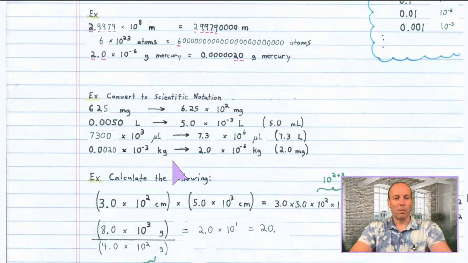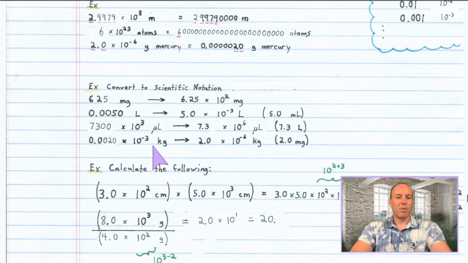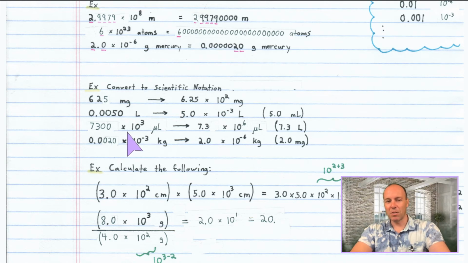So one more example on taking a number that's not in scientific notation and converting it to scientific notation. So here we have 0.0020 times 10 to the minus 3 kilograms. So again, it's almost in scientific notation. We have the power of 10, but this is not a number between 1 and 10.